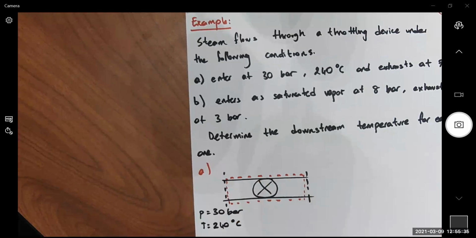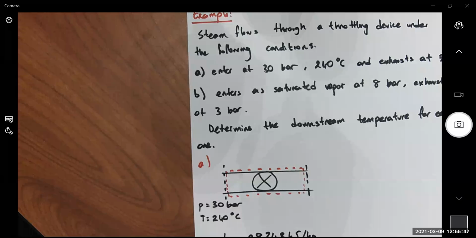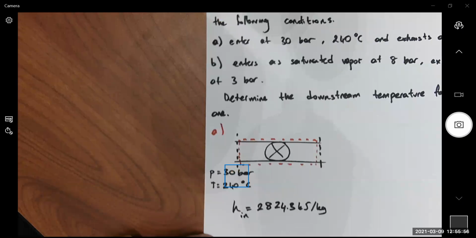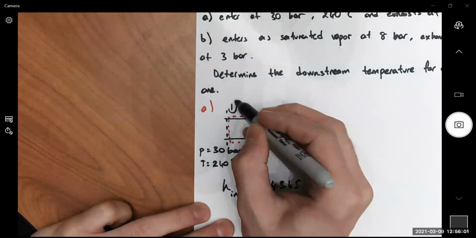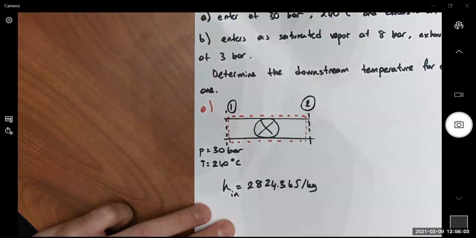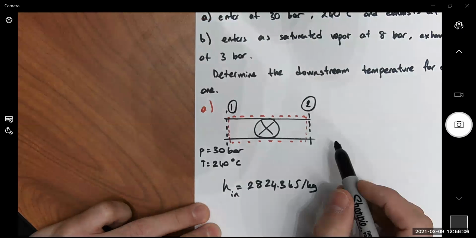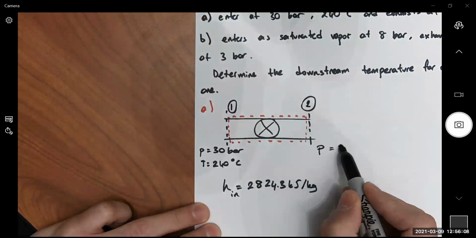Enthalpy will be 2,824.3 kilojoules per kilogram at the inlet. Make sure you can read those values from the table. Go and double check. It's not going to take more than a minute. Inlet and outlet, and I know my outlet pressure is 7 bar.